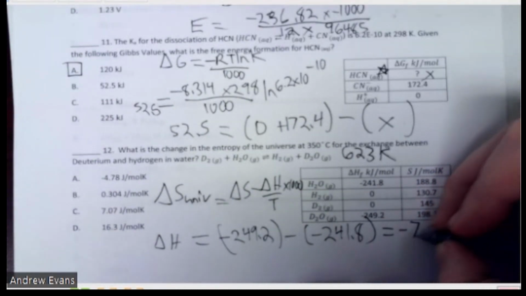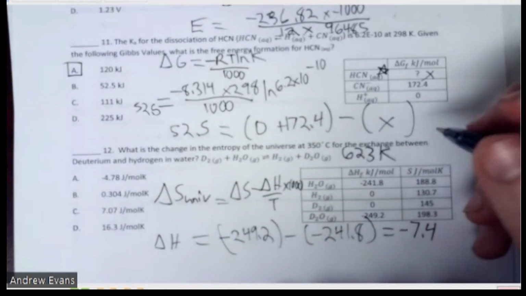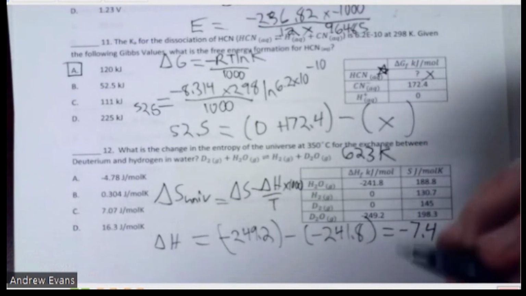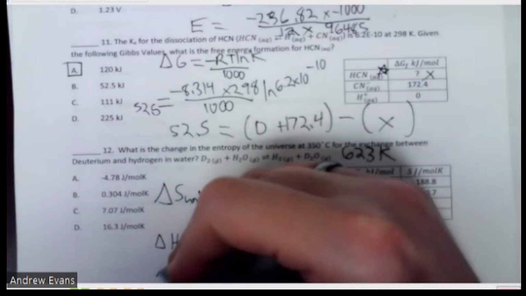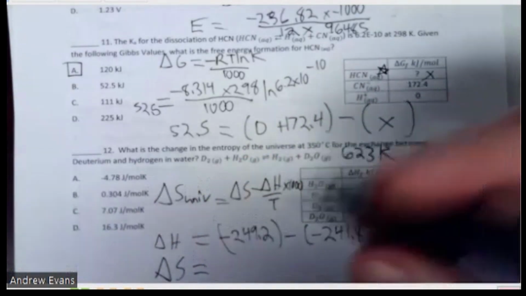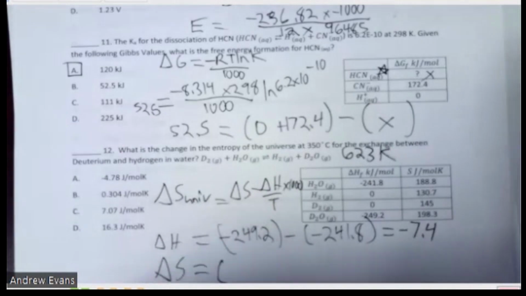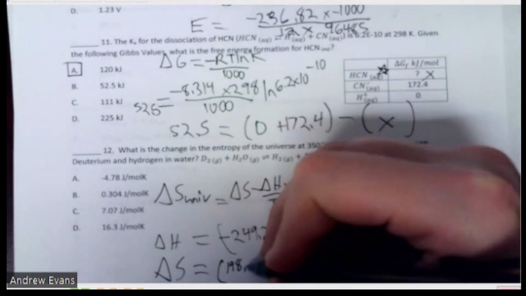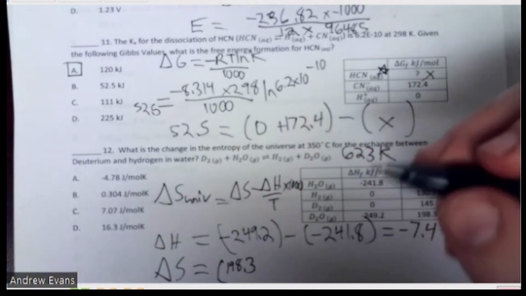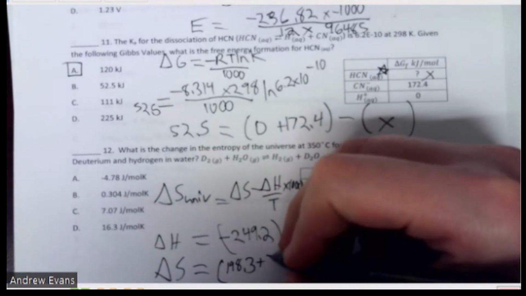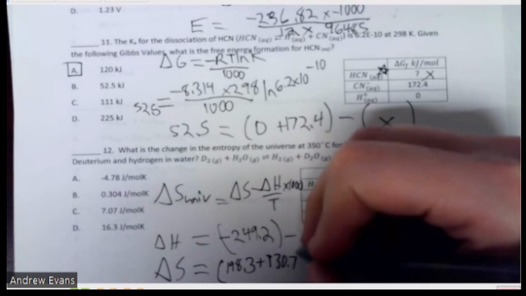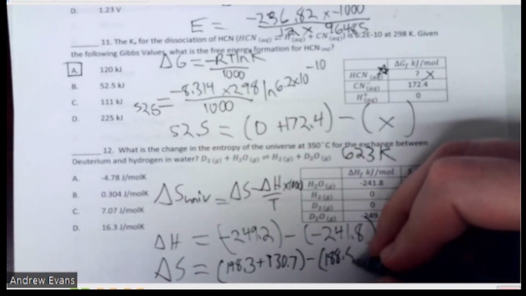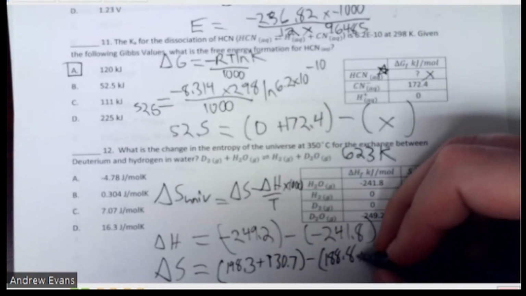So negative 7.4. And delta S is also products minus reactants. 98.3 plus 130.7 minus 188.8 and 145.